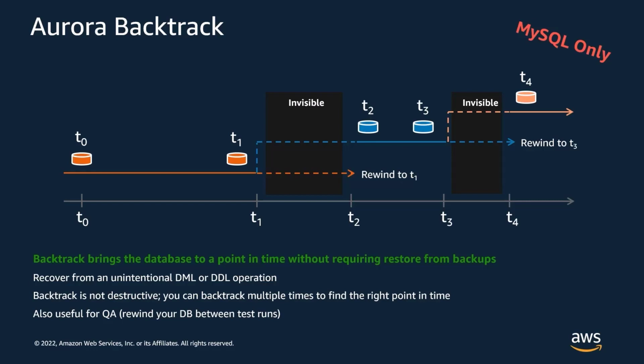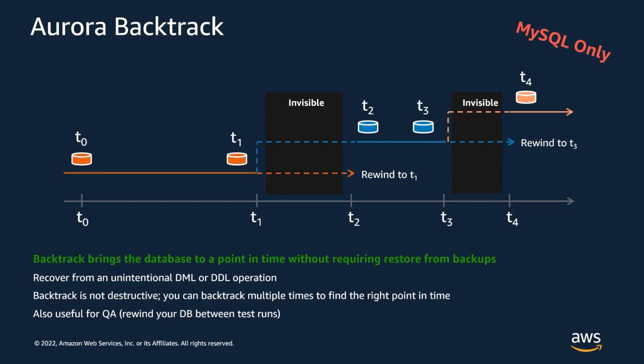In this example, as shown on the slide, you have a continuous timeline at the bottom that is represented by the gray line from T0, T1, all the way up to T4. Let's say you made an unintentional change at timestamp T2 and realized that you wanted to move to a point before this change ever happened. You can do that using Backtrack and reset the database back to T1.